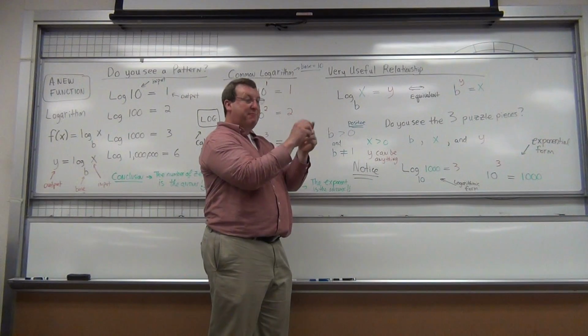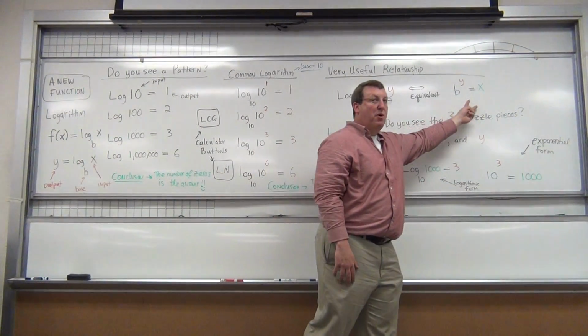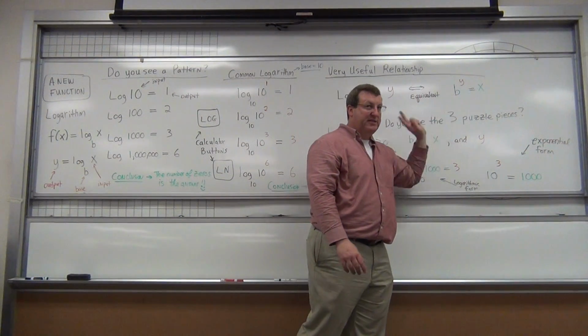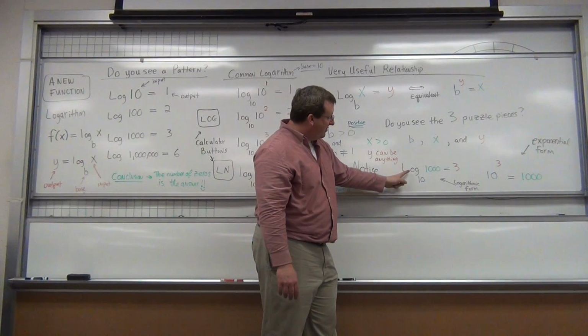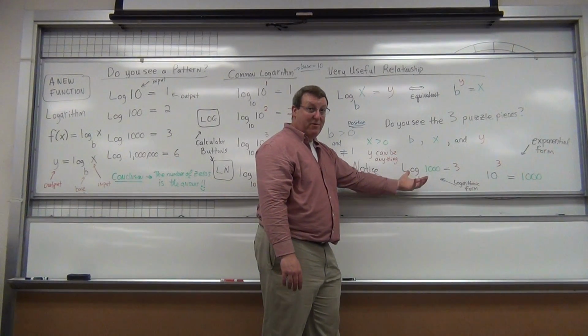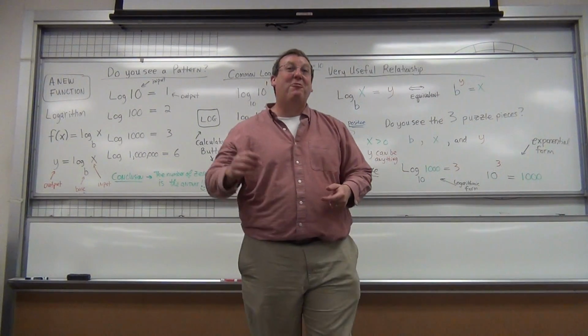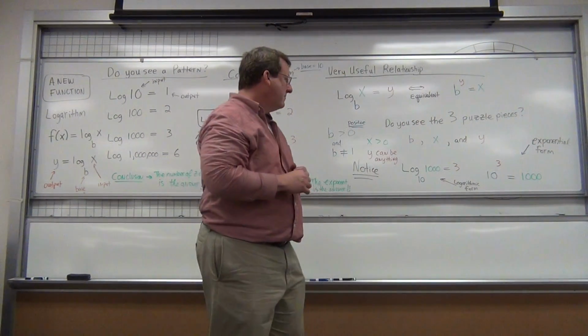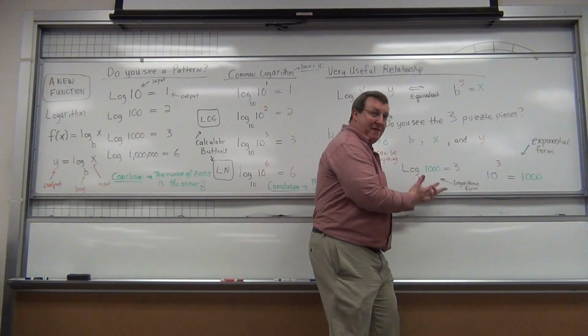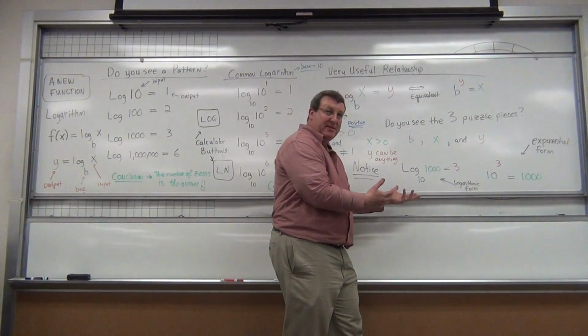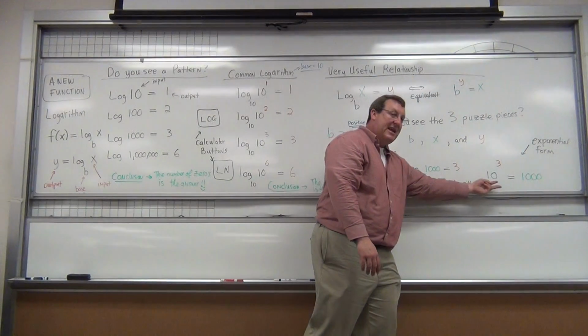Those 3 puzzle pieces are the same in both of these forms. So I'd rewrite this as log base 10 of 1,000, and do you remember what that's equal to? Yeah, leaving this video, you know log of 1,000 is equal to 3. So this is how I feel is the best way to understand what a logarithm is. It's another way of looking at an exponential form.